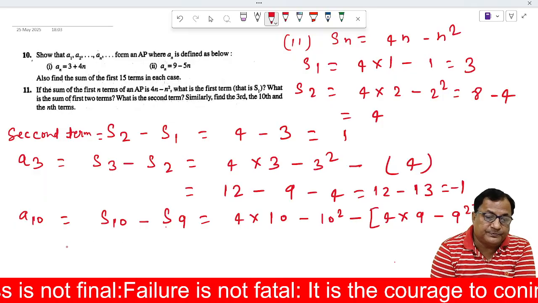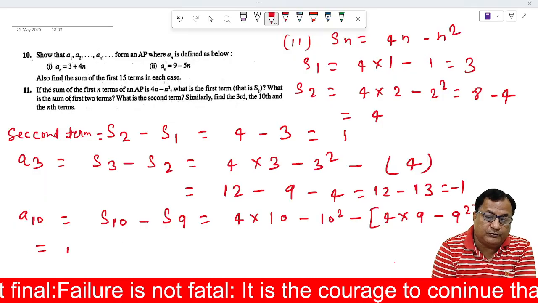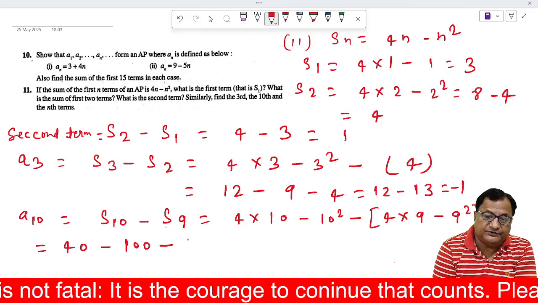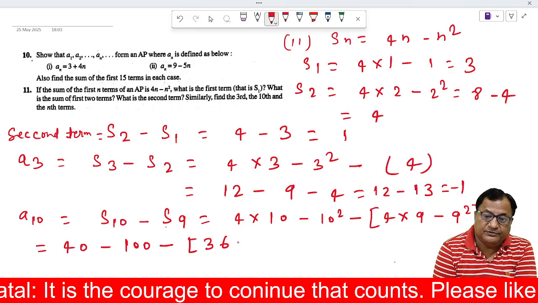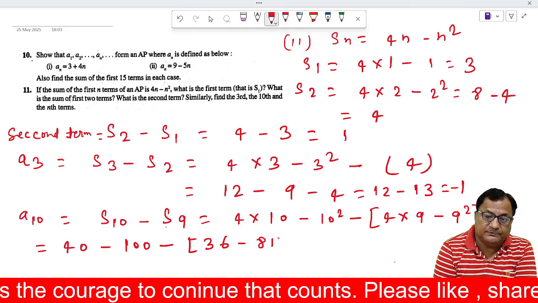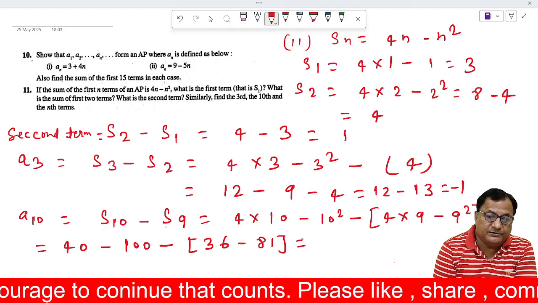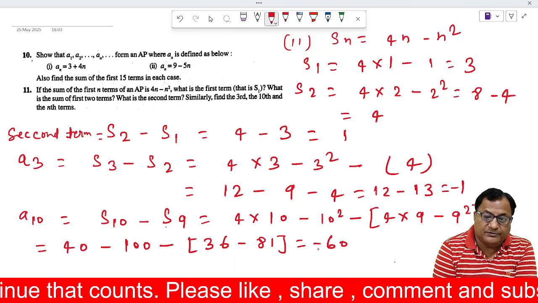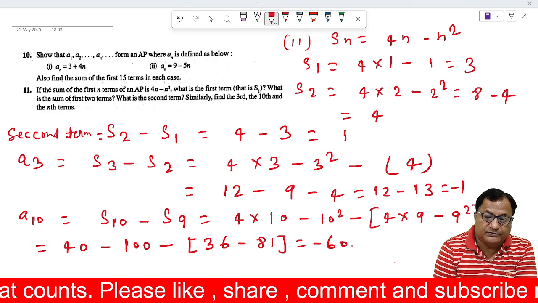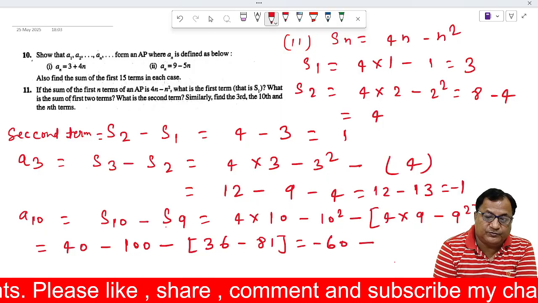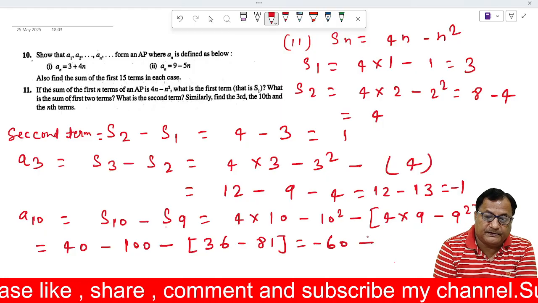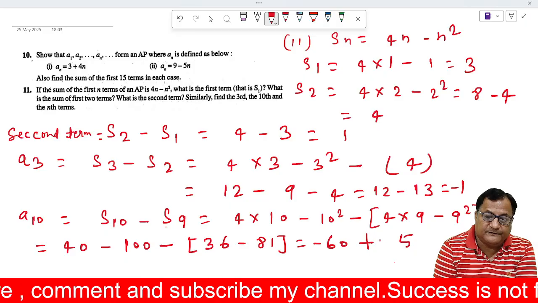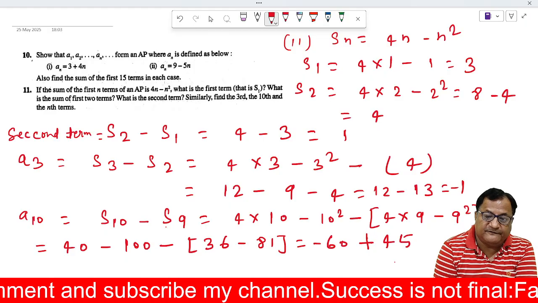This is equal to 40 minus 100, minus 36 minus 81. This is minus 60, minus minus 45.